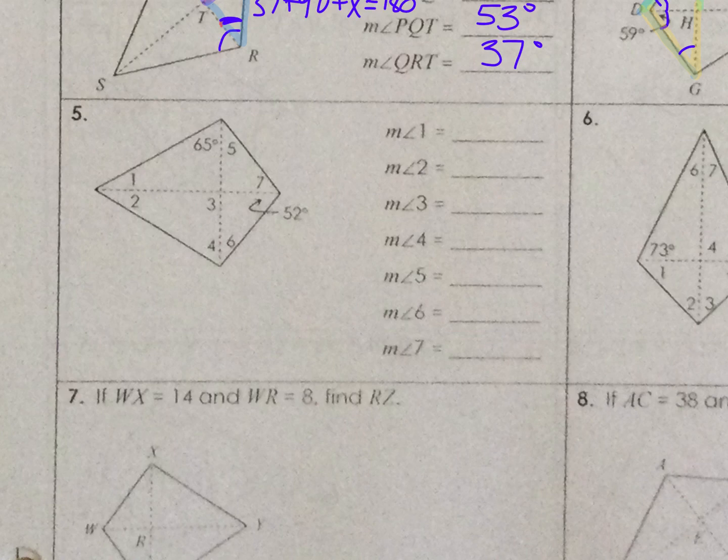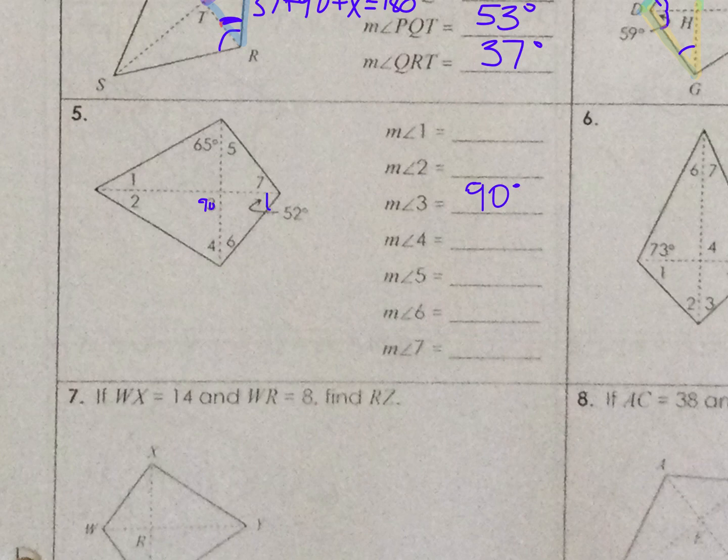All right, we're going to do these out of order. We're going to start with the easiest one, angle 3. We can just look at that and we know that all the middle angles of a kite are 90 degrees. So number 3 is 90 degrees. We can also just look at number 7.